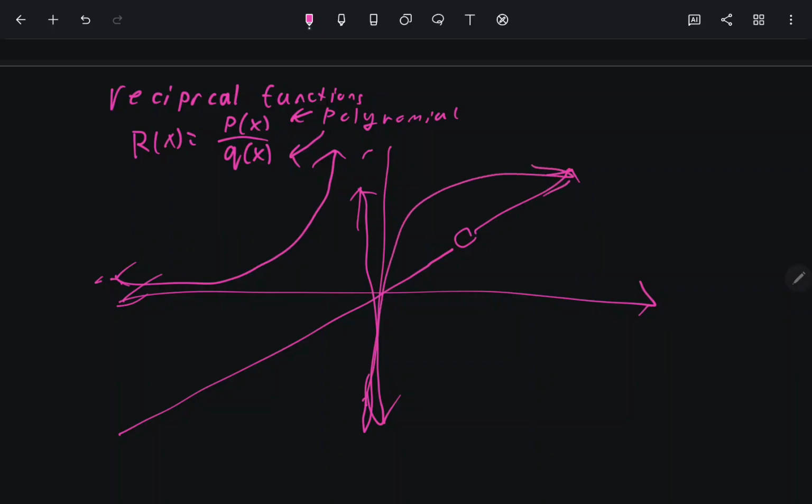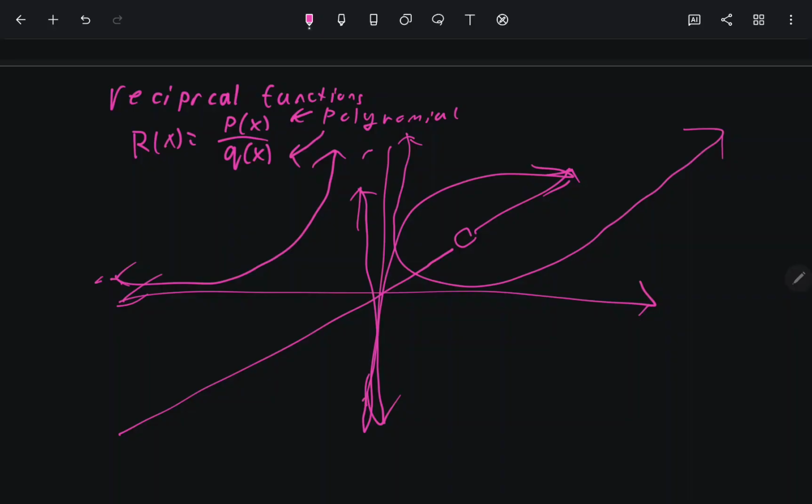You can also get graphs with slant asymptotes. So that would kind of look like, let's say there's a vertical asymptote there, and then a slant one. You can also get horizontal asymptotes. These are some of the most unique functions that we have.